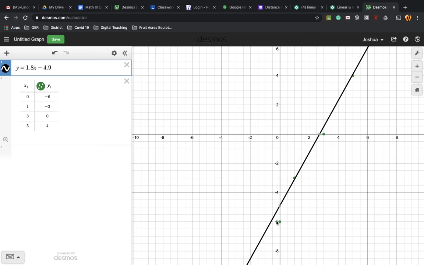And if a linear function created all of these points, then they all have to touch the line. Now I can keep fine-tuning my function up here one way or the other. I can tip the line, I can shift the line, but I'm looking at this and I'm thinking, you know what? There's no way I can create a function that's a line that will go through all 4 of those points. They just don't line up.